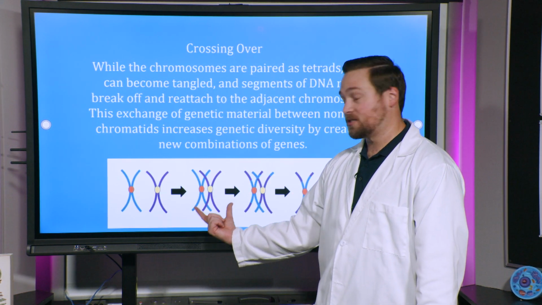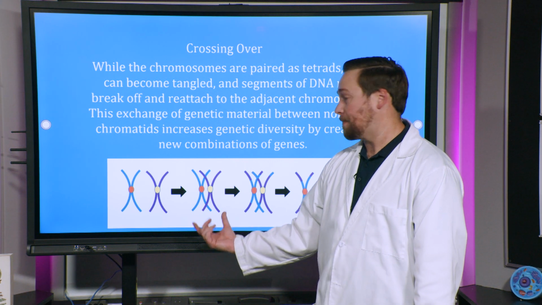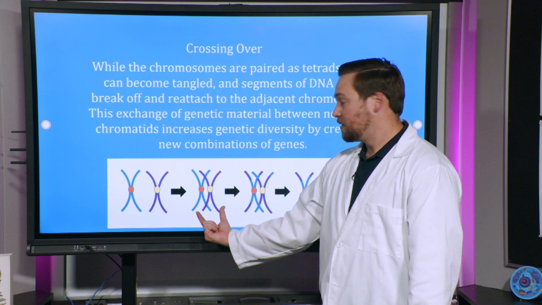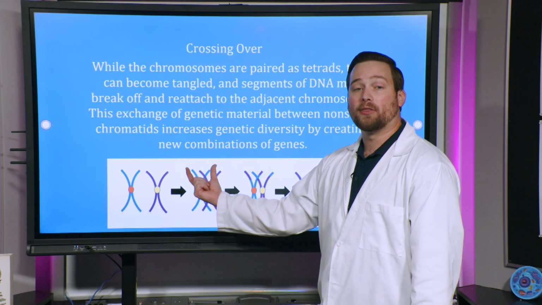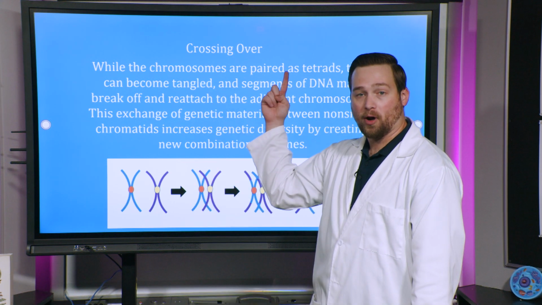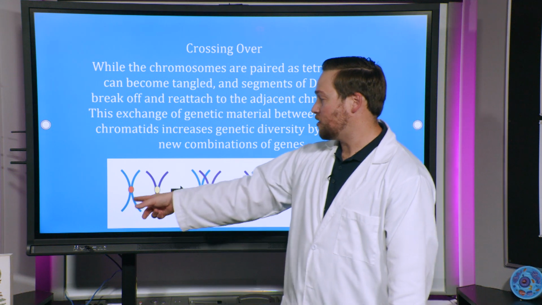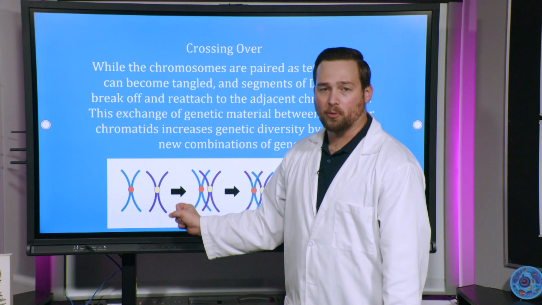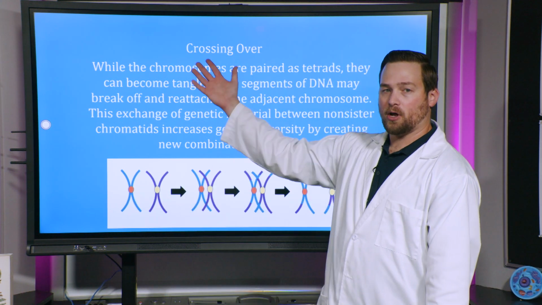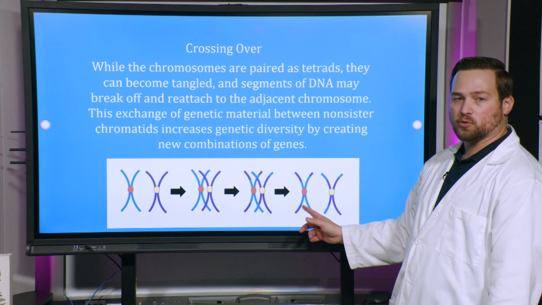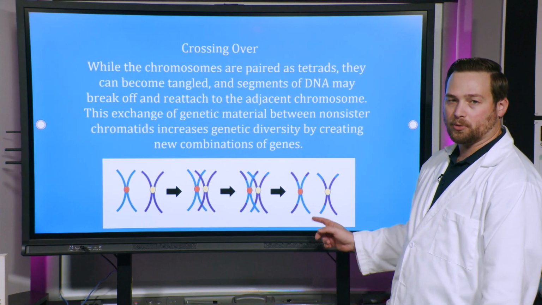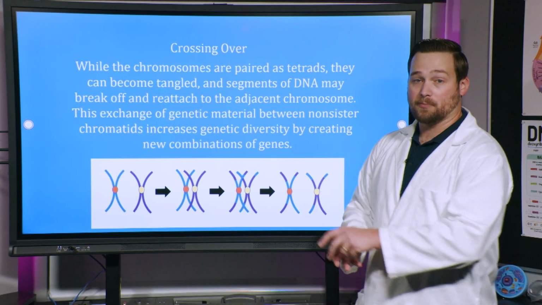Coming together is known as synapsis. When synapsis happens, it forms a tetrad. This is called a tetrad. When the tetrad is formed, crossing over happens. When crossing over happens, they switch their genetic material. So you can see we started with all blue and all purple, but through this process of crossing over, we're ending with this one has a little bit of purple and this one has a little bit of blue because they've swapped some genetic material.